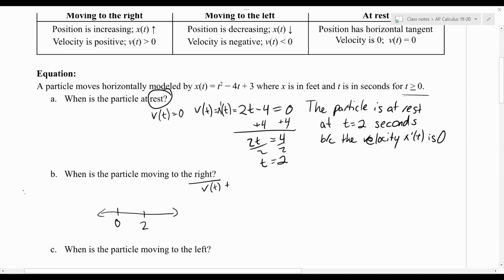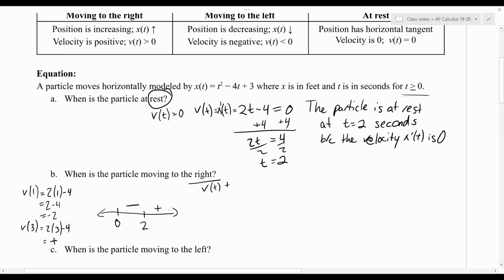If I plug 1 into my velocity, I get 2 minus 4, which is negative 2. So here it's negative. What's a point greater than 2? 3. 2 times 3 minus 4, 6 minus 4, that's going to give me a positive number.